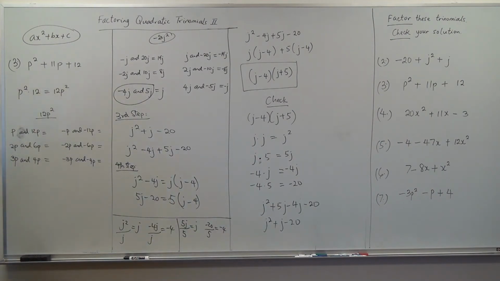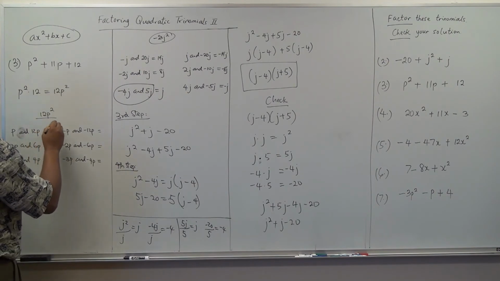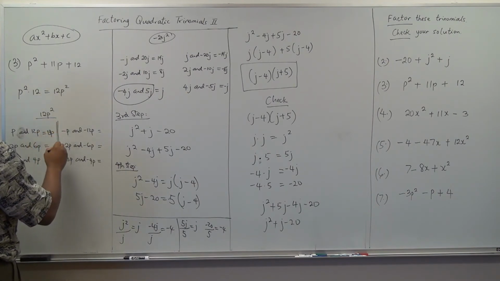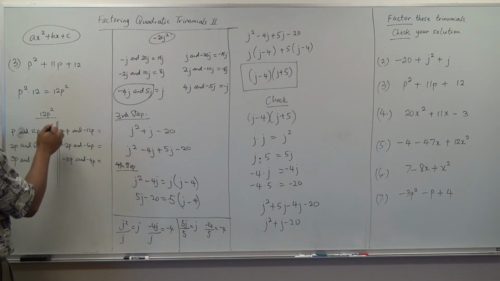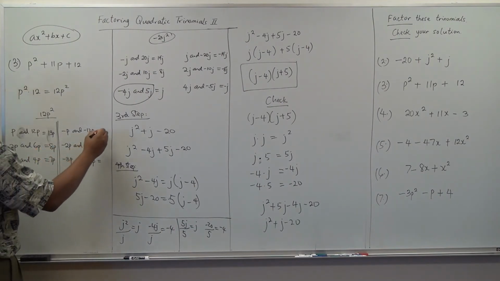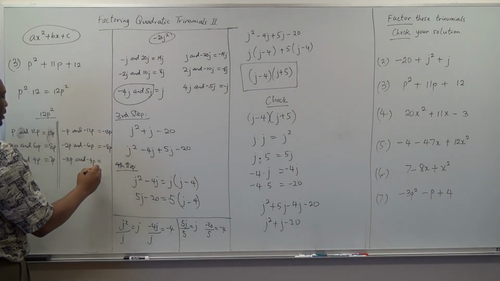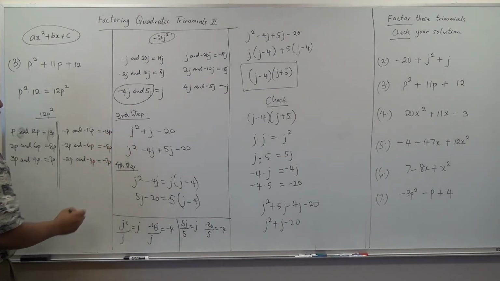Okay, this is it. Let me just draw a line here. This will give us 13p, 8p, and 7p. This will give us negative 13p, negative 8p, and negative 7p.